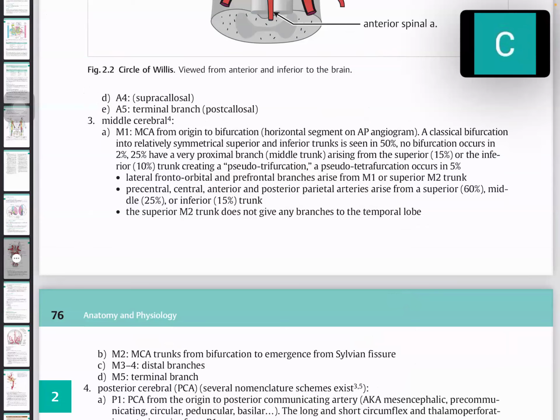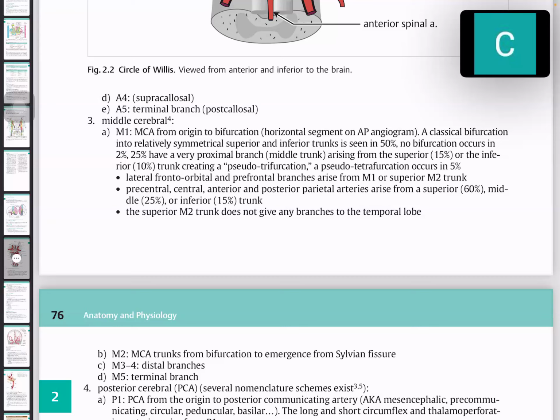In most studies, we found that with a hypoplasia of one of the A1 segments of the anterior cerebral artery, there is usually a greater chance, because there will be an increase in the flow and the pressure on the walls of the anterior communicating artery. Hence, a common location of aneurysms.